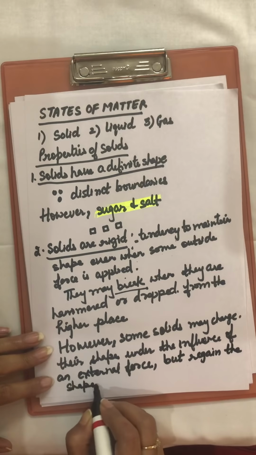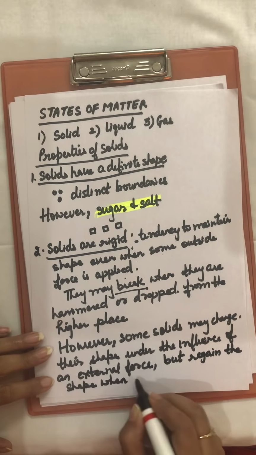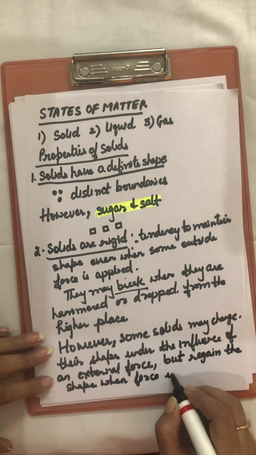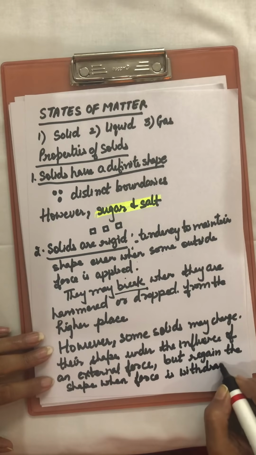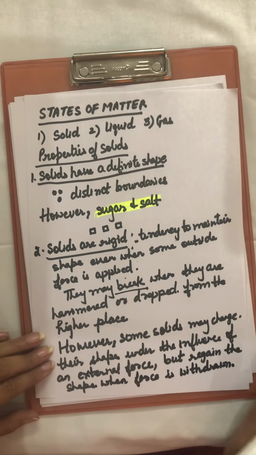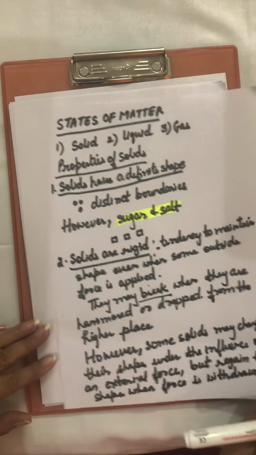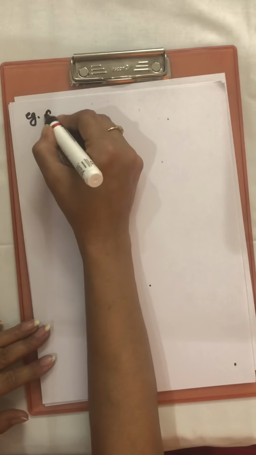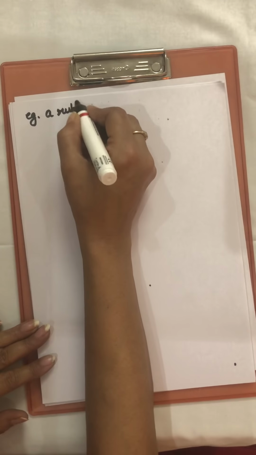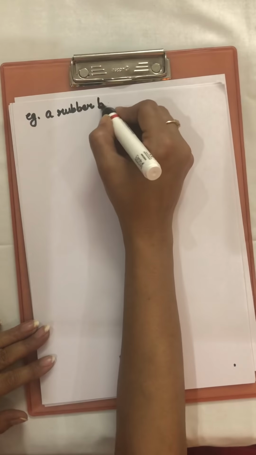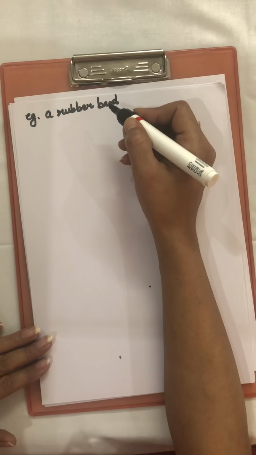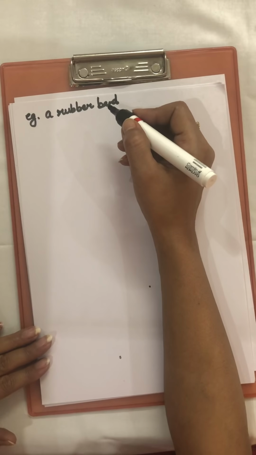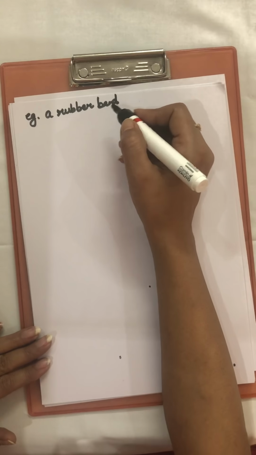How will they regain their shape? When force is withdrawn. When we remove the force, then they will come back to their original shape. Example for this is a rubber band. It changes its shape when we apply force onto this, but it regains its original shape once we withdraw this force.